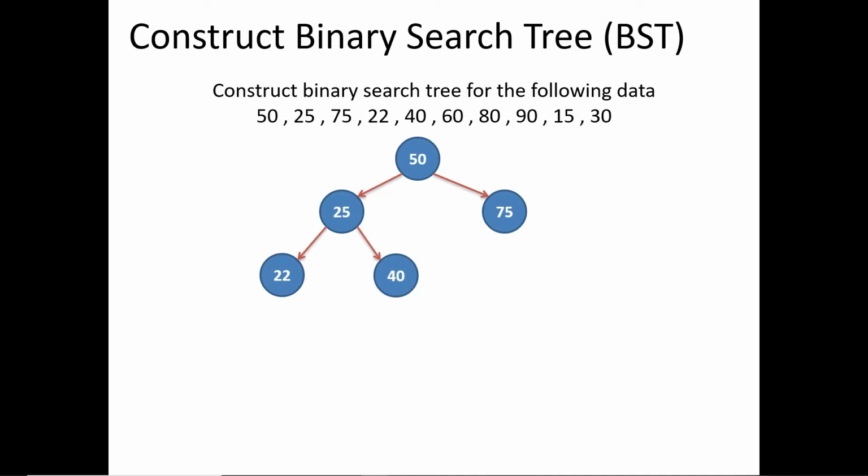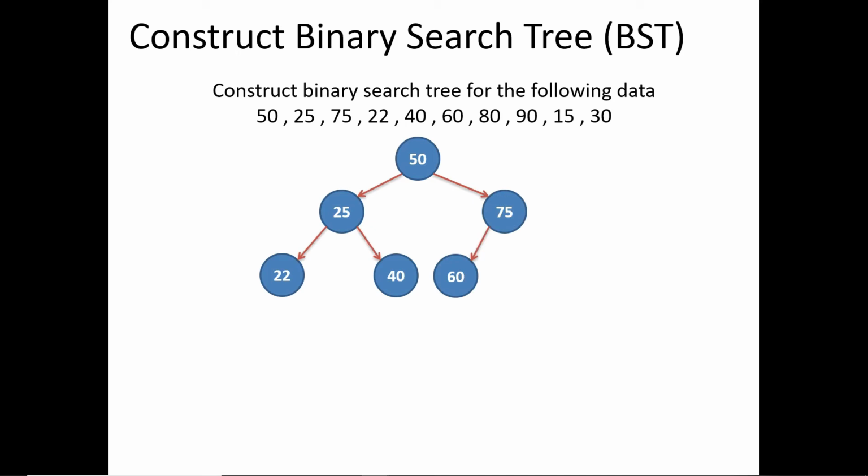Now the next key value is 60. Now 60 is greater than 50, so it will be put on the right side of root node 50. On the right side here, 75 is already there, and 60 is lesser than 75. So 60 is located as the left child of 75.